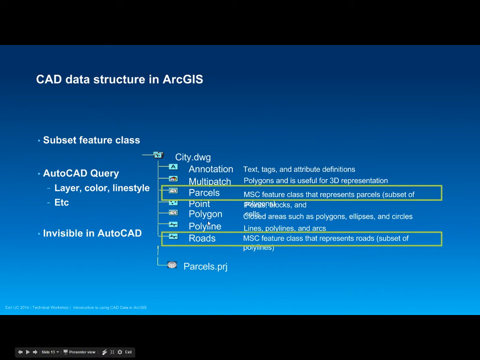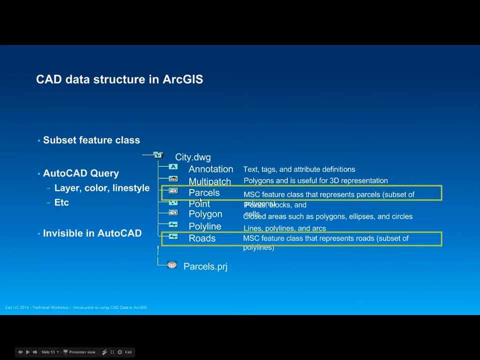And a lot of times the different layers within the CAD data set are all clumped into the same type of geometry, like a polyline. So you'll see all of the polylines, whether they're roads or streams or sewer lines, dumped into this one polyline feature class, and you have to select them out based on an attribute, and we'll see that.